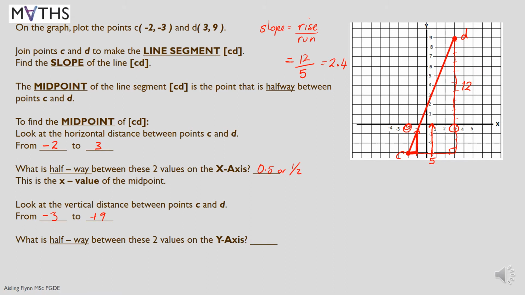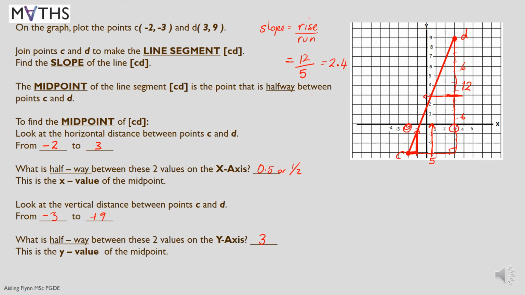It's 6 boxes up or 6 boxes down. We divide that 12 into 2 halves: 1, 2, 3, 4, 5, 6. So here is halfway, you get 6 and 6, and here we're at y is 3. This is the y value of the midpoint.